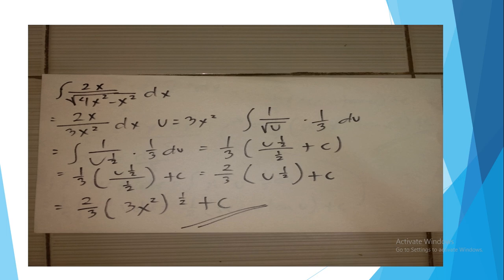So the integral of 1 over the square root of u multiplied by 1/3 du is equal to the integral of 1 over u to the power of 1/2 multiplied by 1/3 du, which is equal to 1/3 times u to the power of 1/2 over 1/2 plus c, which is equal to 2/3 times u to the power of 1/2. So our final answer is 2/3 times (3x squared) to the power of 1/2 plus c by doing the substitution method, where c is an arbitrary constant.